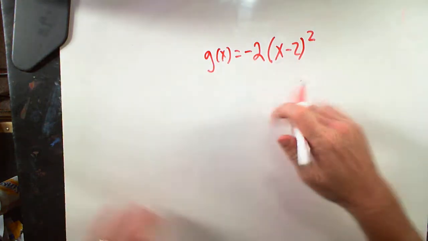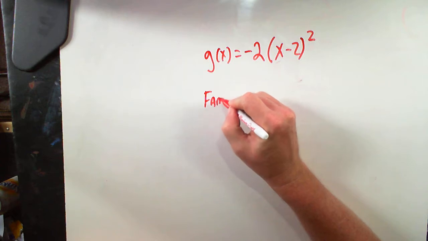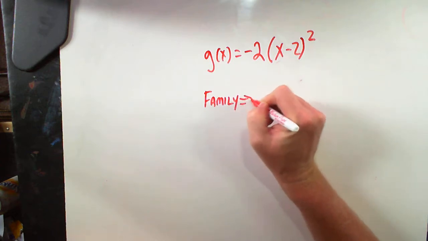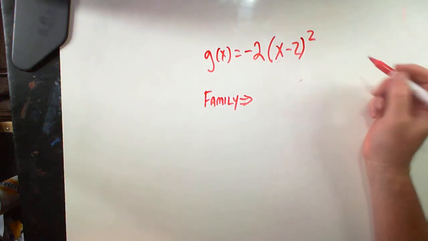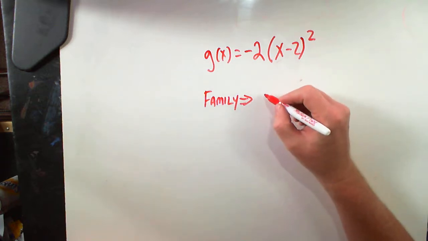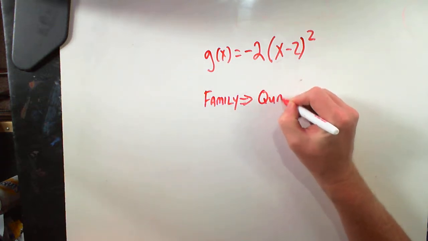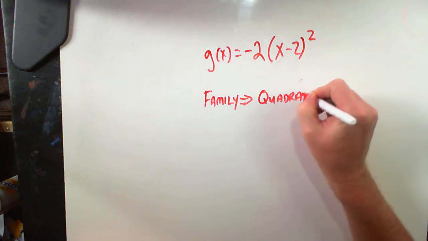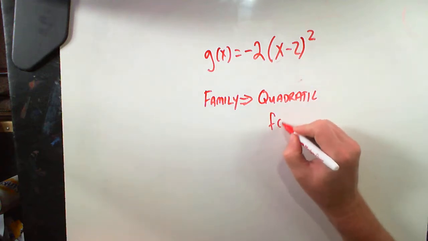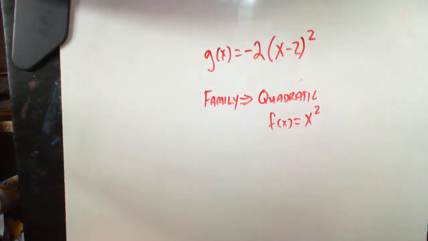The family, that is basically the parent function of this particular function, is going to be quadratic. And the parent function is f of x equals x squared. Identifying that parent function tells us what we can expect as far as general shape.